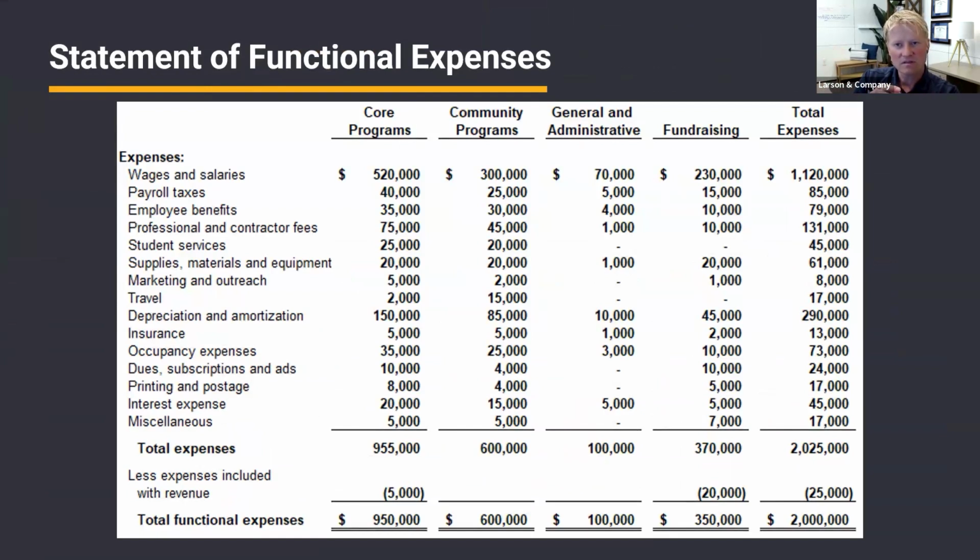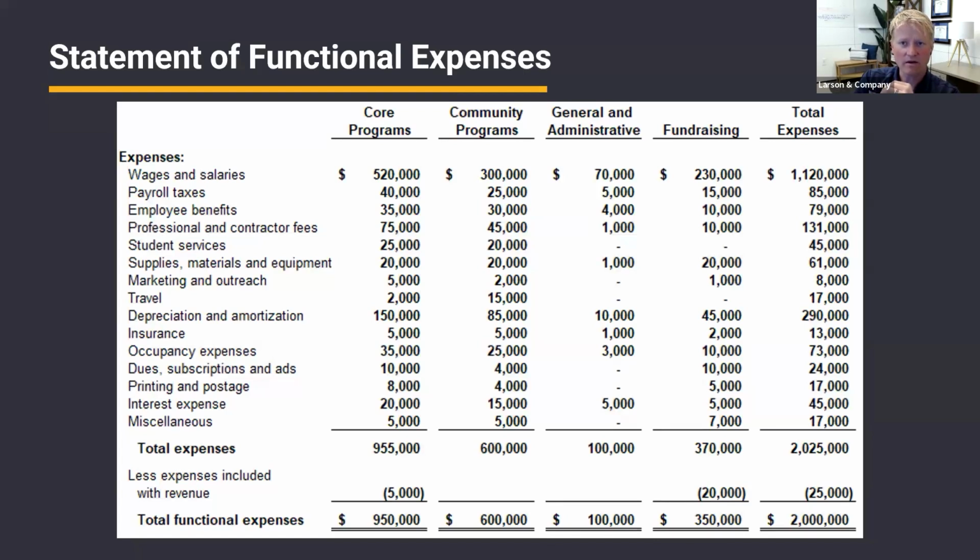Anytime you have expenses that are included with revenue, you do typically include those in the statement of functional expenses, but then you would want to reduce those out at the bottom, just so that it's not being double recorded. Typically the total functional expenses at the bottom of this report will agree to your expenses on your statement of activities, and so any expenses that are included with revenue need to be reconciled out of this report.